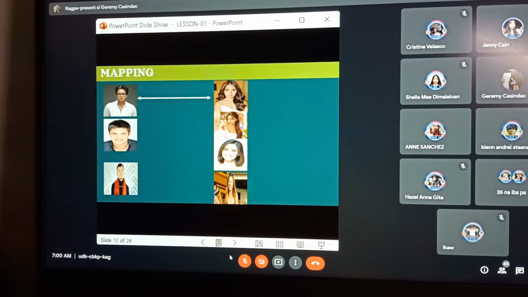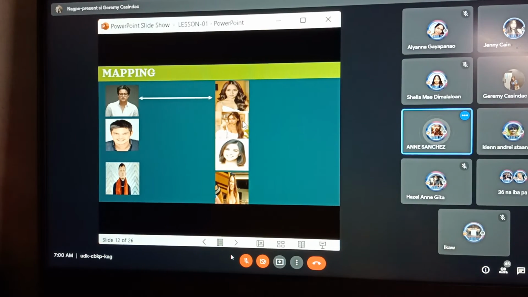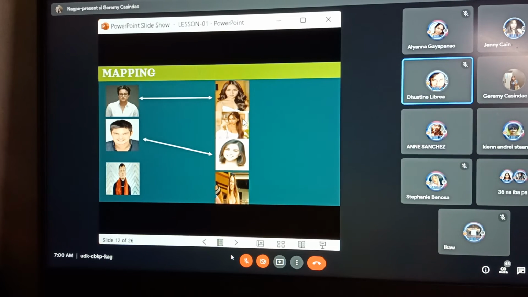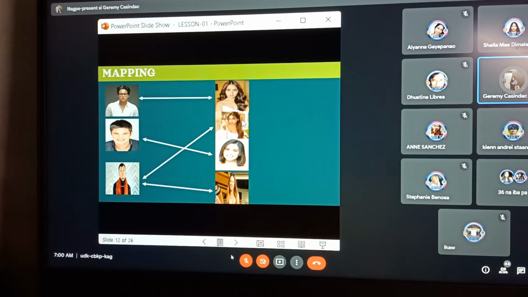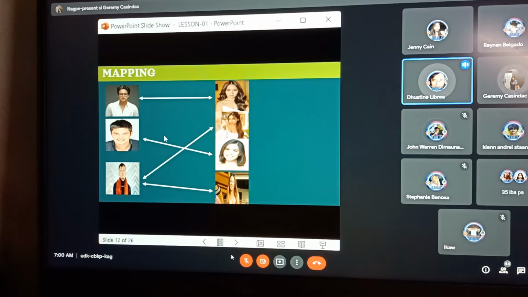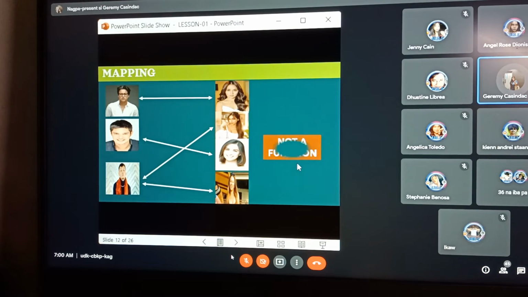Catherine po. How about Ding Dong Dantes? Kay Marian po. The third one, same, kay Zanjoe and Ira. Okay, so what do you think? Is it a function or not a function? Not a function po. Bakit? Okay, umulit siya between Zanjoe and Ira. So therefore, this is not a function under one-to-many correspondence.